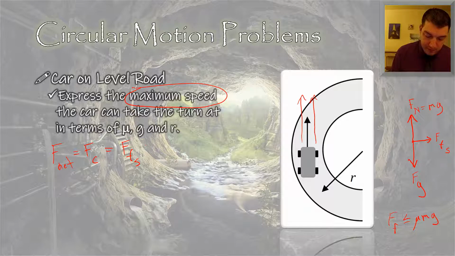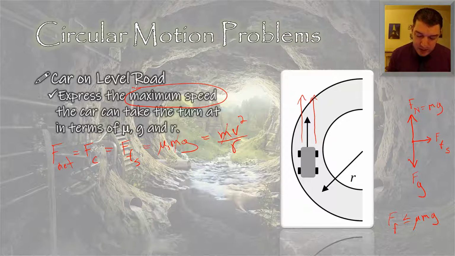The force of static friction equals that because we're at the maximum possible speed, and the centripetal force is equal to the mass times centripetal acceleration, or mv squared over r. And now with this relationship, I'm solving for, oh, you notice these are the same mass, so they cancel each other out. So it turns out mass is irrelevant.